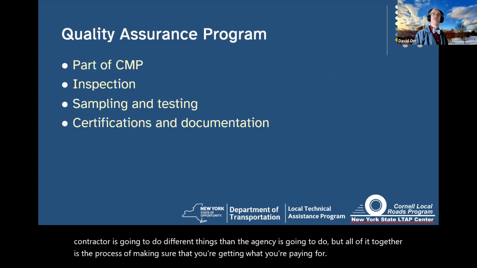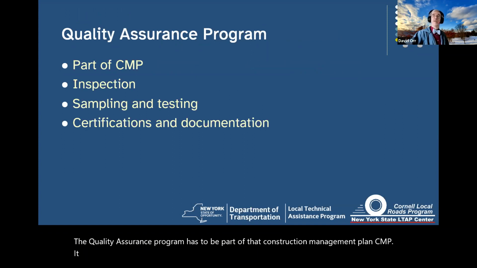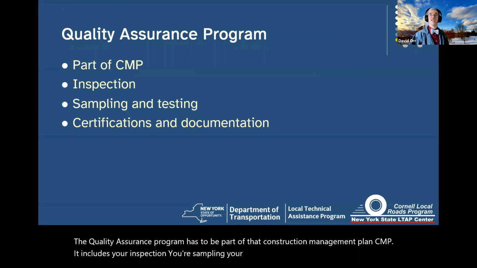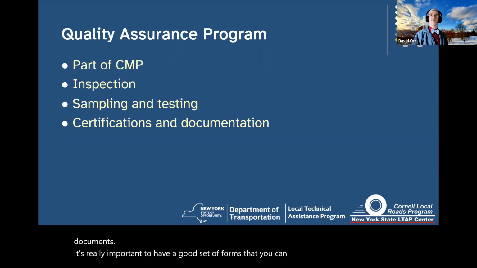The quality assurance program has to be part of that construction management plan, the CMP. It includes your inspection, your sampling, your testing, and your certifications and documents. It's really important to have a good set of forms that you can follow, and we'll talk about forms in just a minute.